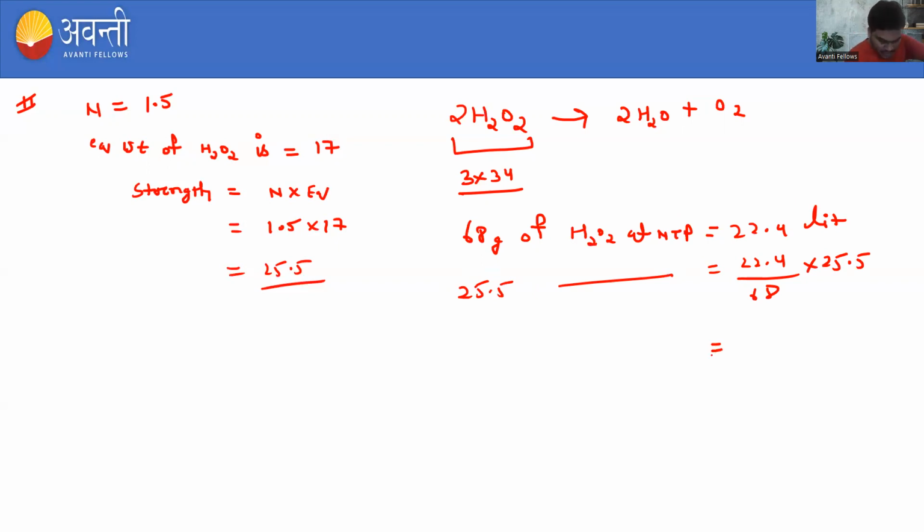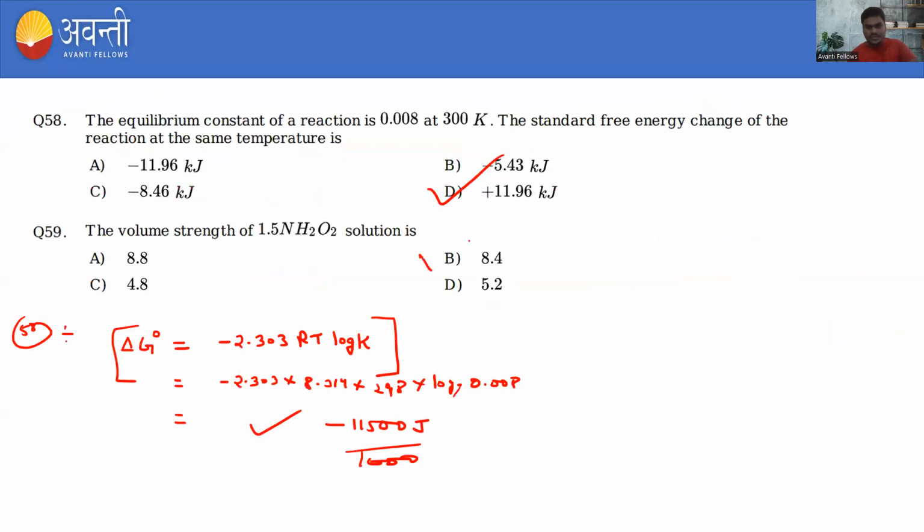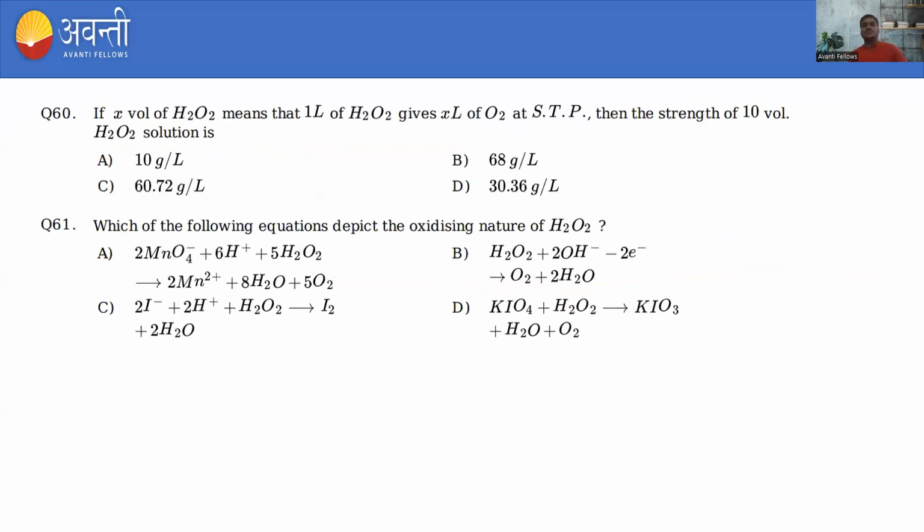So this value comes out to be 8.4 liters of oxygen. Which option is correct? That is B. So B is the absolutely correct answer for this question.